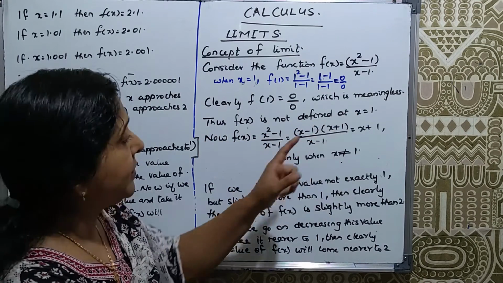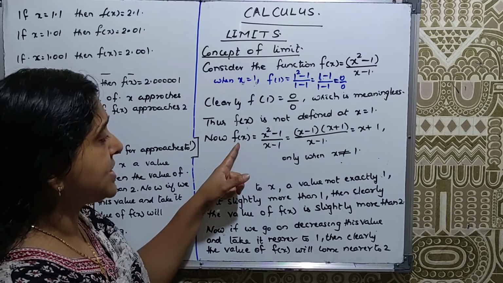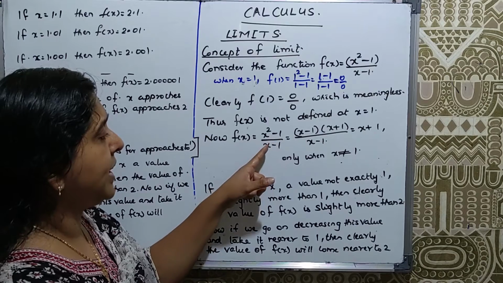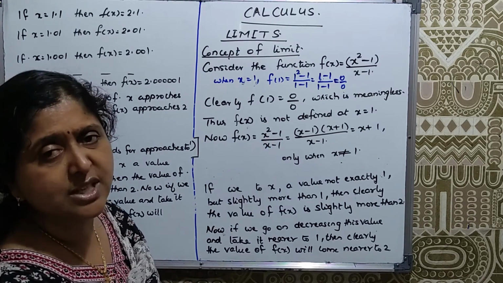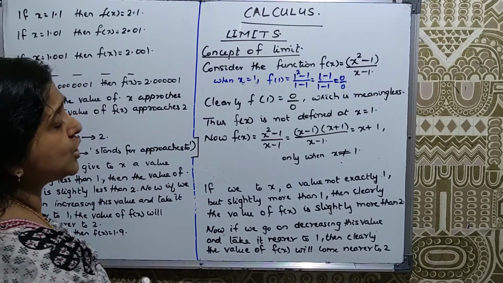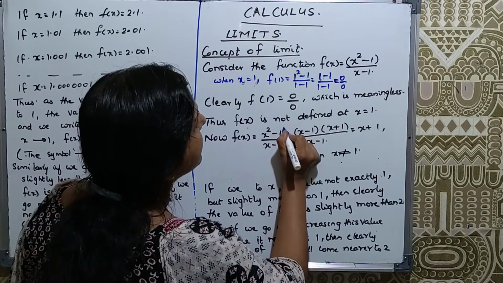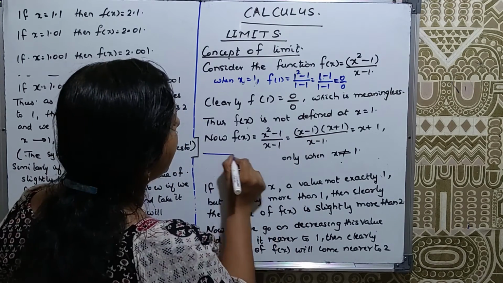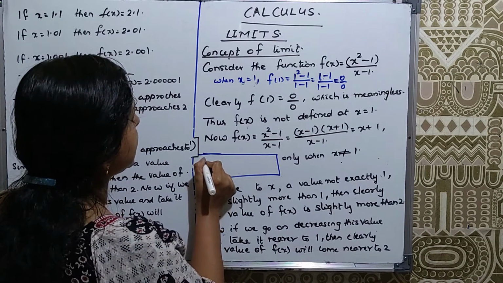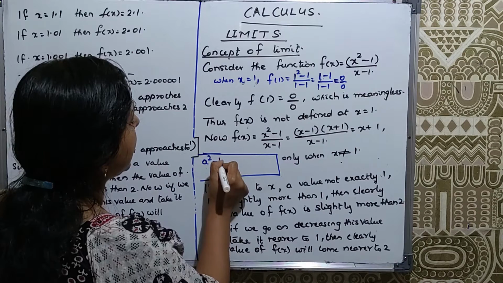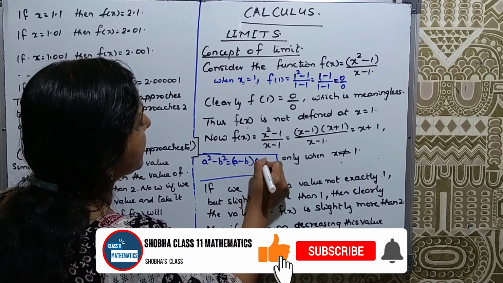at x equal to 1. So for getting a proper definition, what will we do? Again we take f of x equal to x squared minus 1 by x minus 1, and check whether it is factorizable. We can factorize the numerator by using the identity a squared minus b squared, which is a minus b into a plus b.